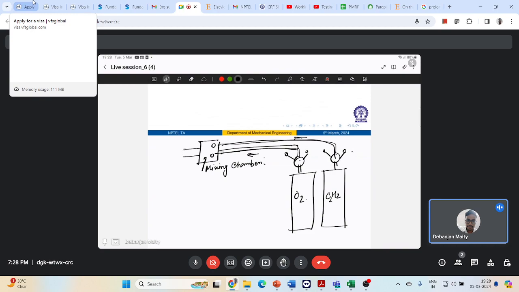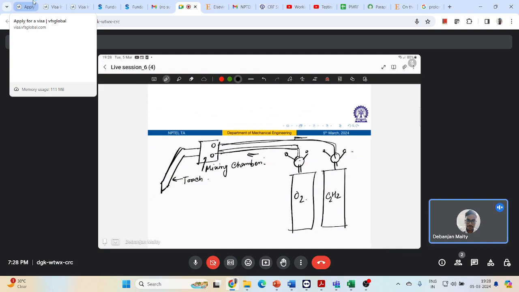And then I am having some torch. I'm not going into detail of different kinds of torch as such, but you can come up with different kinds of torch, and they have their particular application in welding. If you are applying more oxygen, you will end up with a different torch.